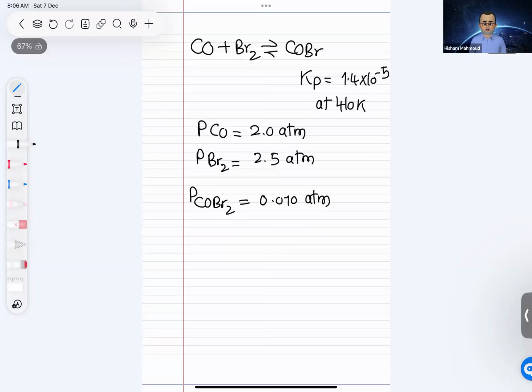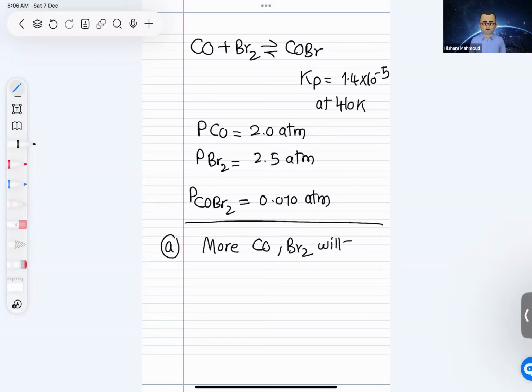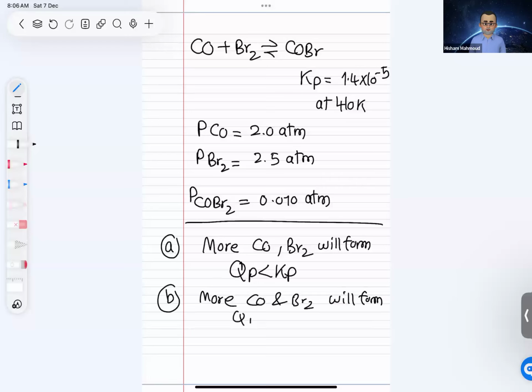So if I reach equilibrium at 410, what is going to happen out of this? Is it that more CO and Br2 will form because QP is less than KP? Or is it that more CO and Br2 will form because QP is more than KP?